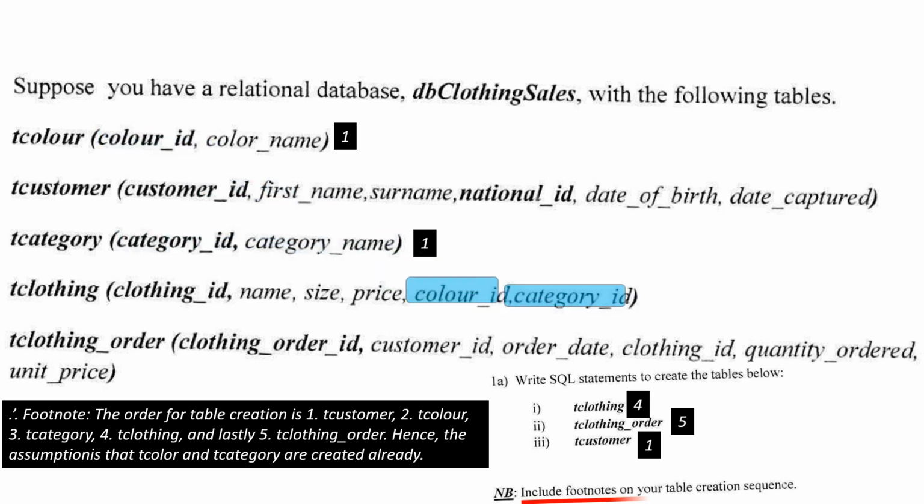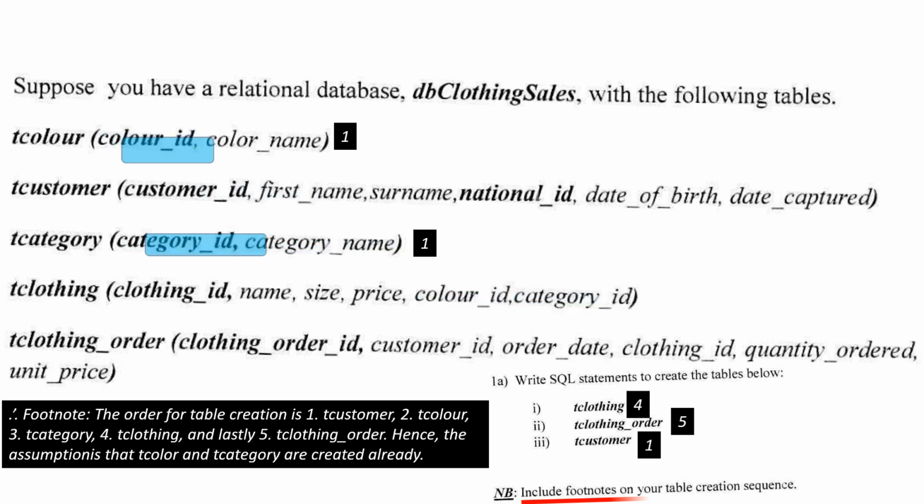T clothing order depends on T customer and T clothing. Therefore, I assume that T clothing and T customer have been created already. Then you write your SQL statement to create T clothing order. Then T customer does not depend on anything. Therefore, you just write the query to create T customer.